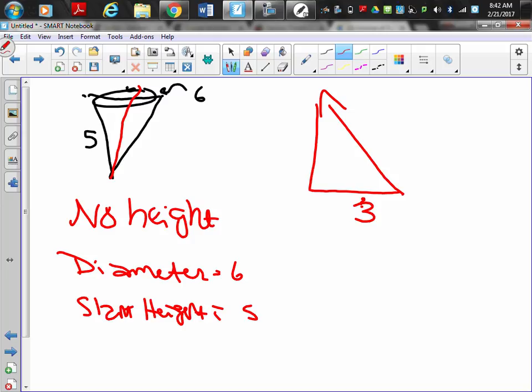Alright. Now what information do I have? When you do this, this right here is the piece that you're looking at, so you only need 3. Alright, so now what other piece do I have?